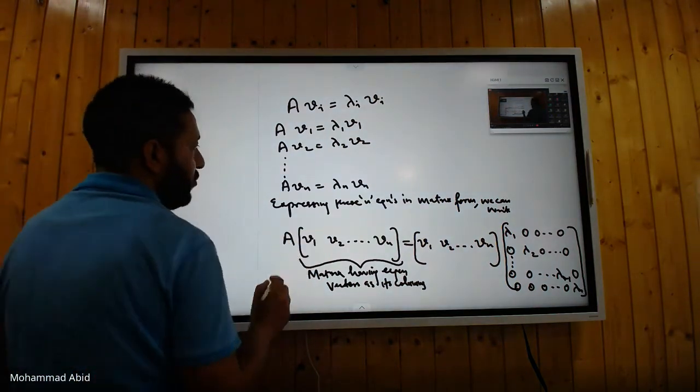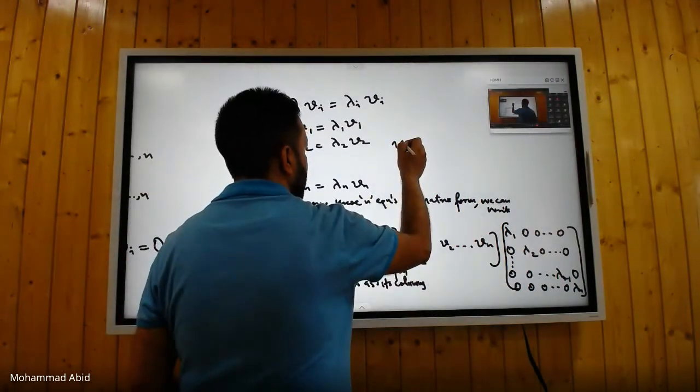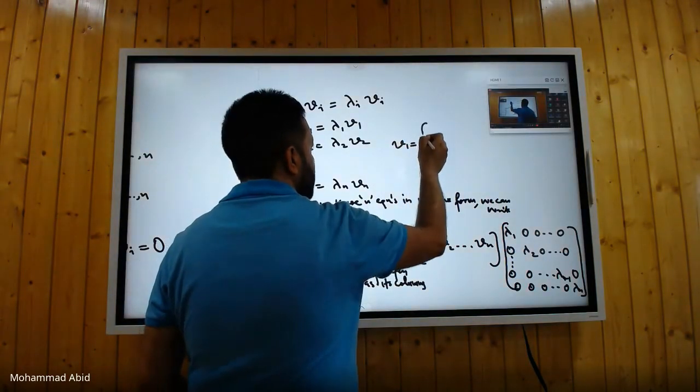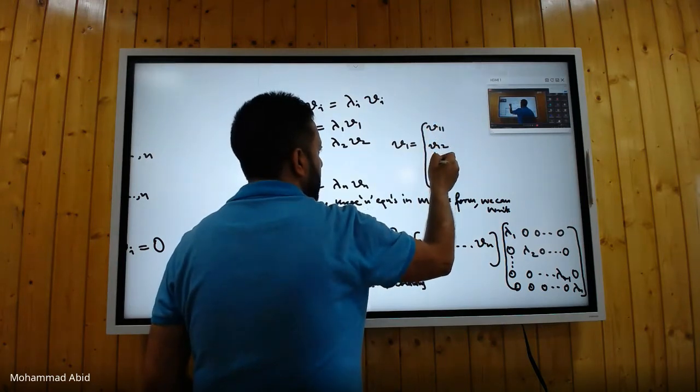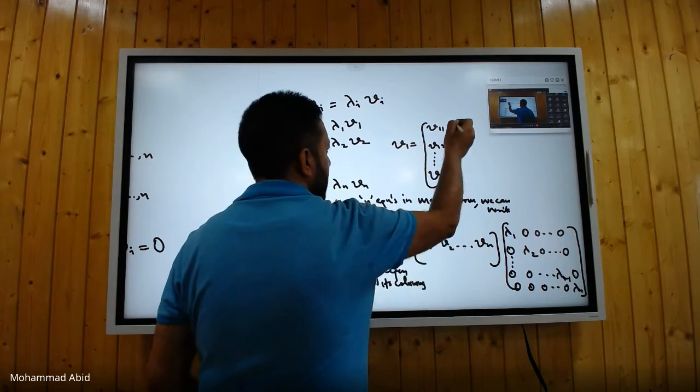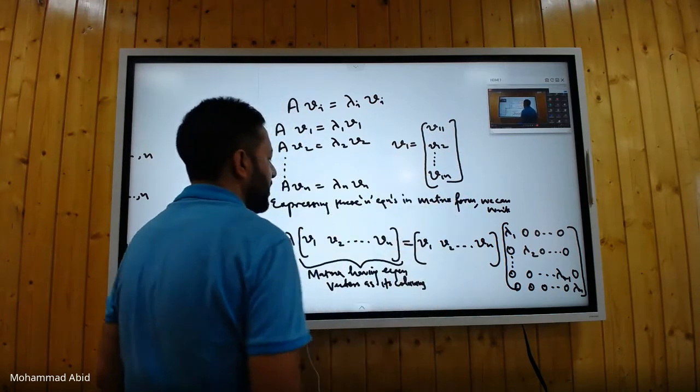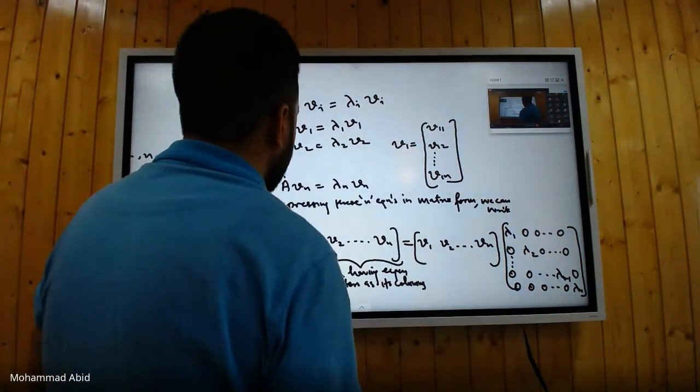V1 जो eigenvector है, it is actually like this. V11, V12, so on, V1n. ये vector है ना basically. Are you getting me?